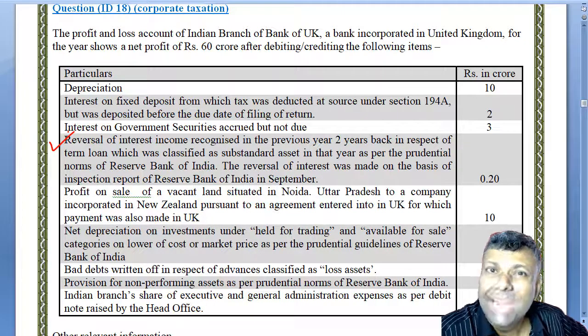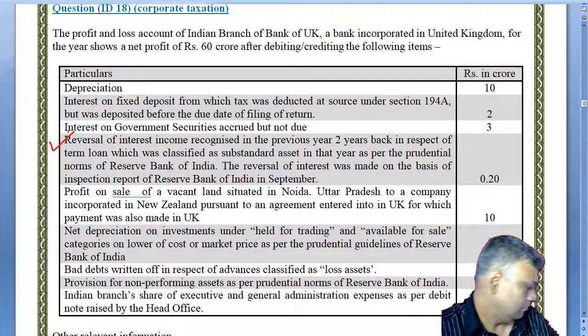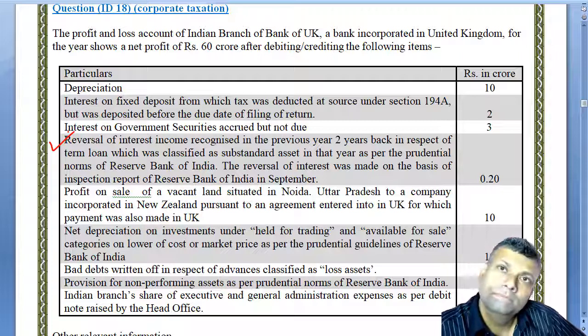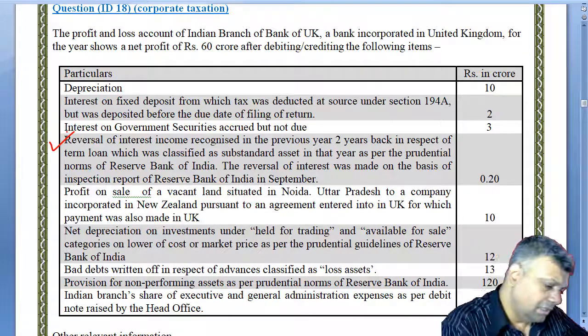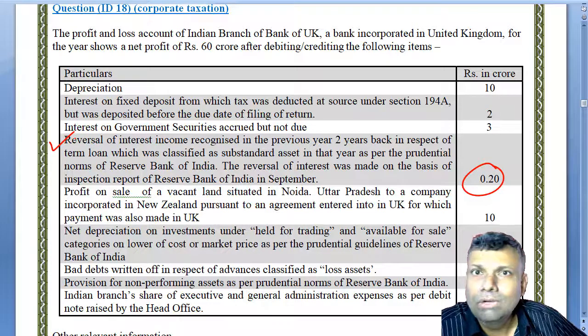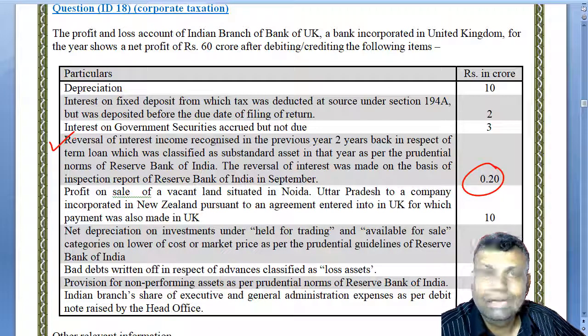What does that mean? We got to read this particular point, and the amount is given as some X amount. We are not worried about the amount printed here, but we want to learn this particular concept.